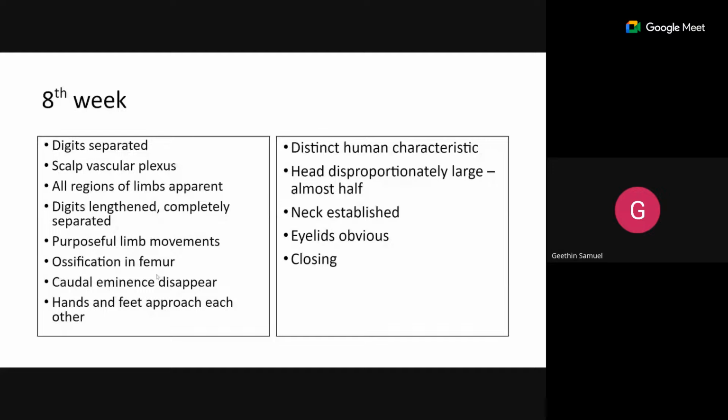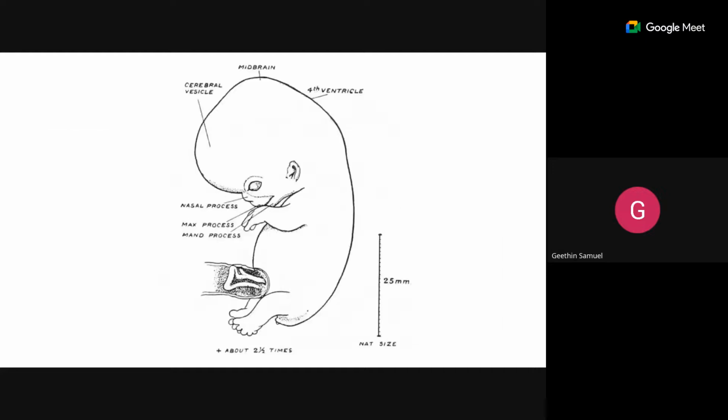Ossification of the femur. Then I have said that there is flexion of the limbs, so they will approach each other. Now you can see that the head has developed much more.